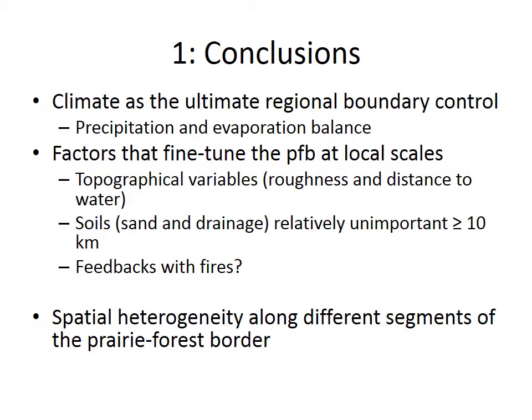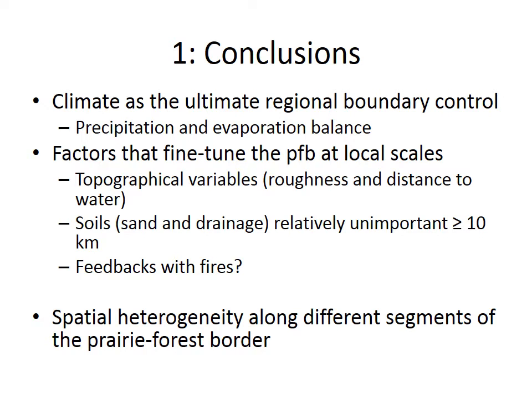Since the prairie is no longer there, it's been replaced with corn. But feedbacks with fires for the original prairie were probably important in maintaining grasslands right up to the edge of the prairie forest border and preventing trees from invading. And also note there's some spatial heterogeneity along different segments of the prairie forest border.